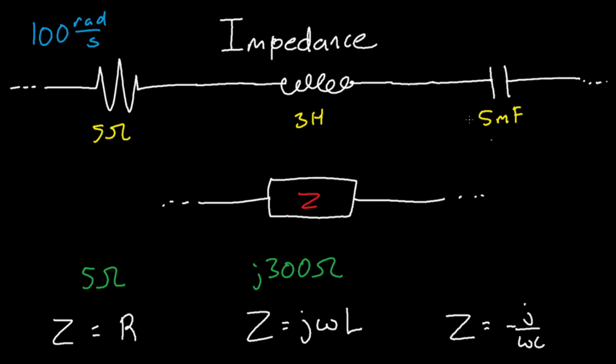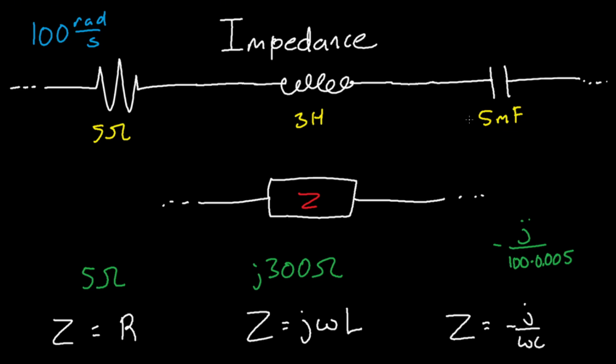All right, what about your capacitance? You have 5 millifarads. So this is 0.005 farads, correct? So you have negative J over 100 times 0.005.